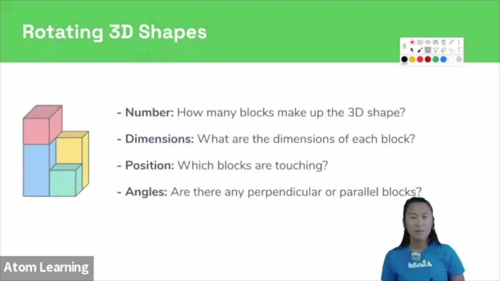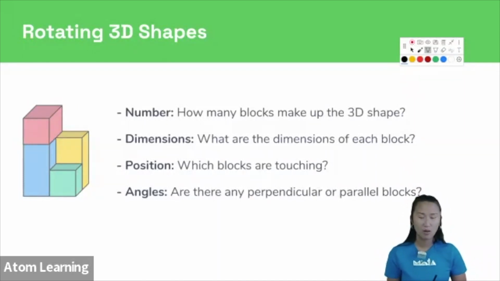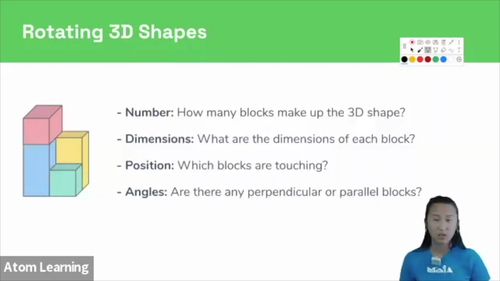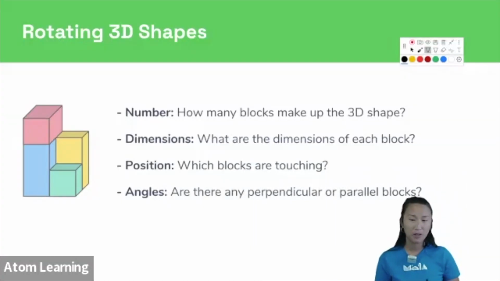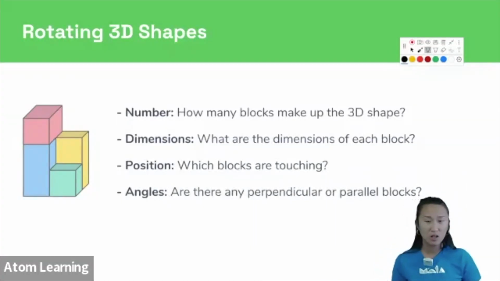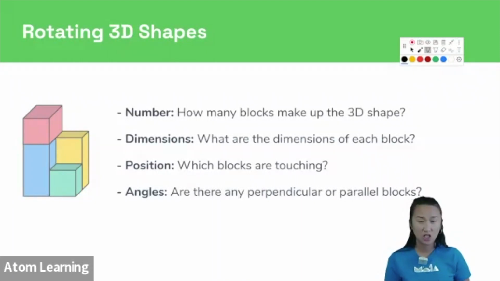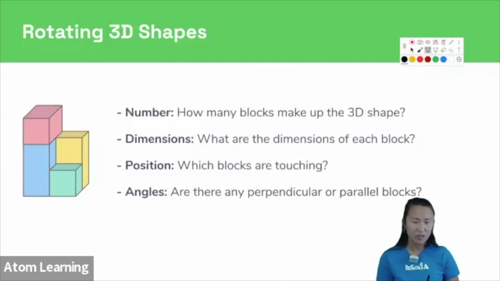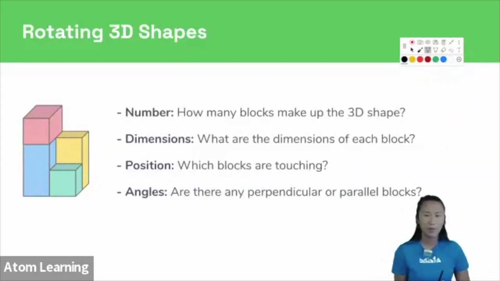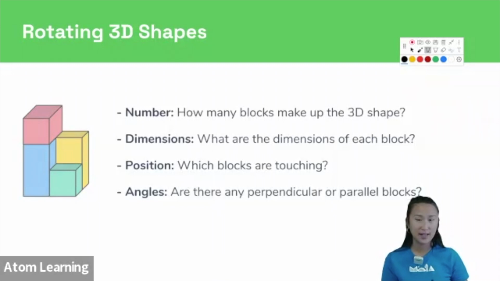Then we need to think about the dimensions of each block, so how big or small the blocks are. Then we need to think about position, so which blocks are touching each other. And then finally, we need to think about angles. So are there any perpendicular or parallel blocks? These are your key elements to look out for in 3D shapes.